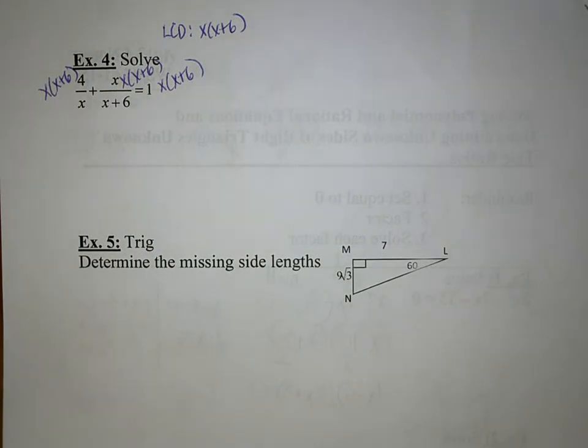So I always write it next to every single term because I just want to make sure I don't forget to multiply something. The whole purpose of doing this is to eliminate your denominators, and so if you don't eliminate one, then you did something wrong. So on the first term, what happens?